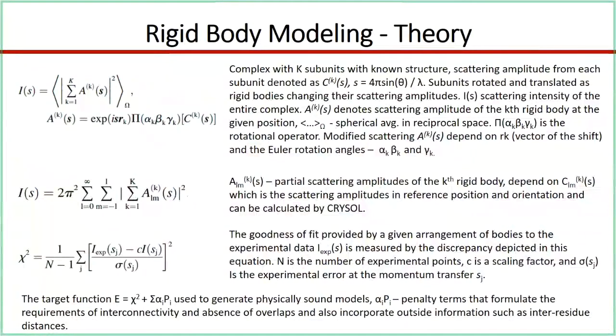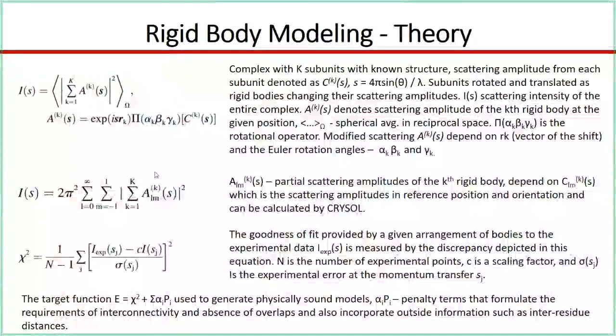The aim of the modeling is to find the spatial arrangement of the subunits, the scattering from which will best fit the experimental data that you have. So the subunits are moved and rotated as rigid bodies in order to incrementally change the scattering amplitudes, right?